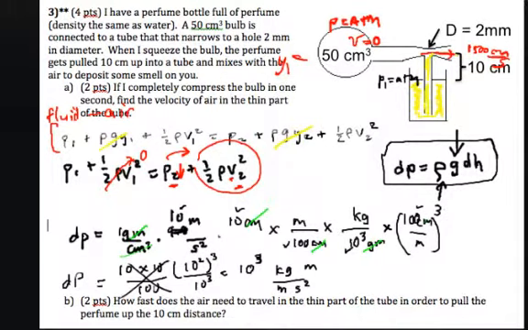The centimeter cubed here cancels with that one. So we have meters over second squared, kilograms, and then meters cubed.